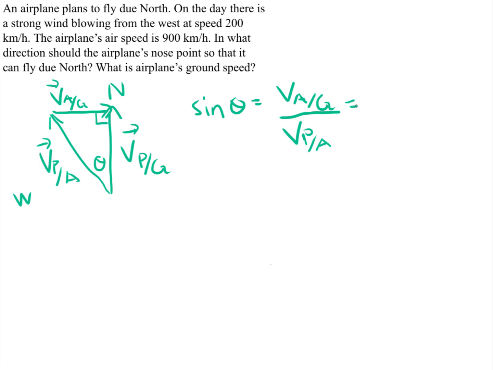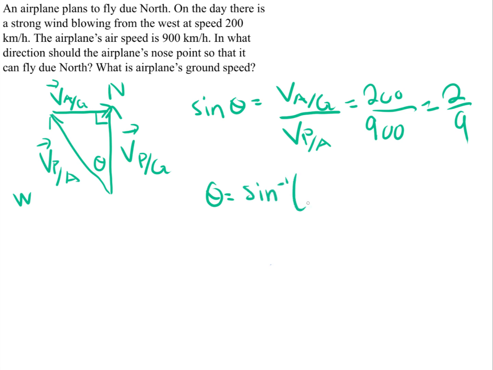This is equal to the 200 kilometers per hour wind speed over the 900 kilometers per hour airspeed, which evaluates to 2/9. So all we need to do to find the angle theta is to take the inverse sine of this value, 2/9.